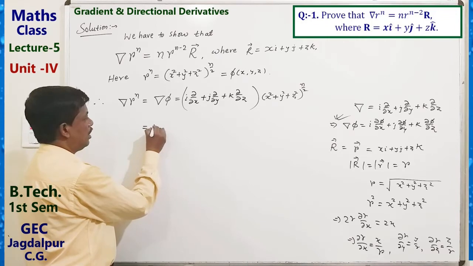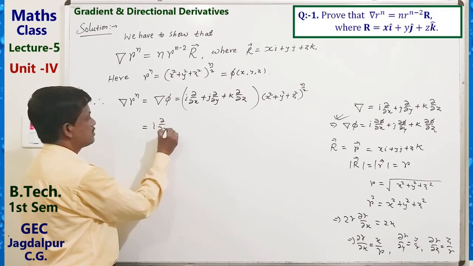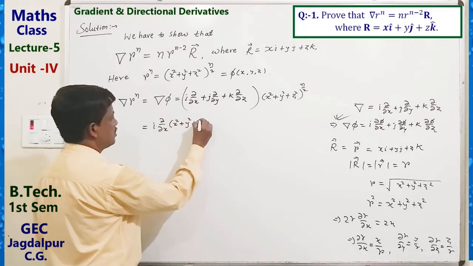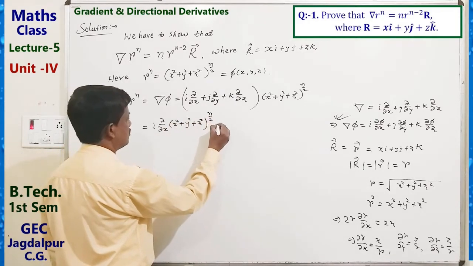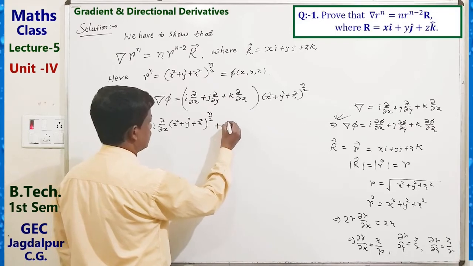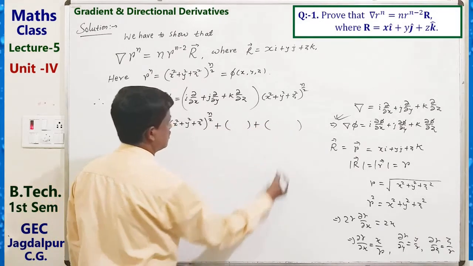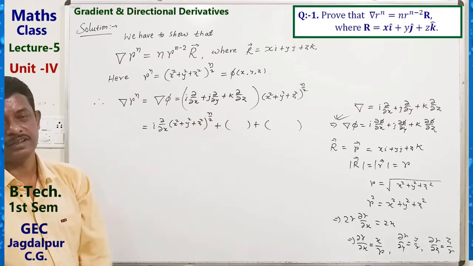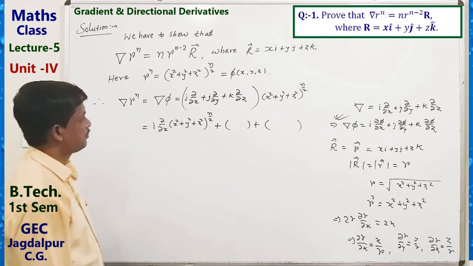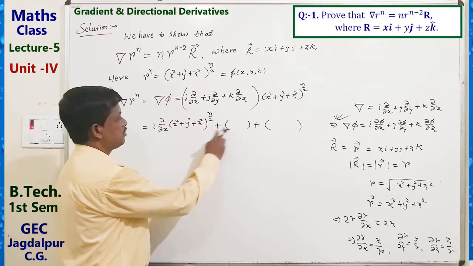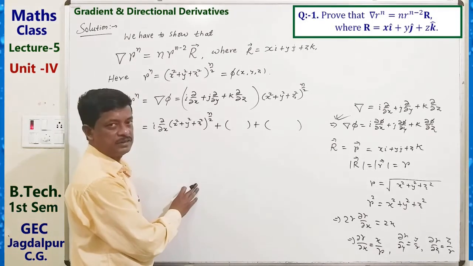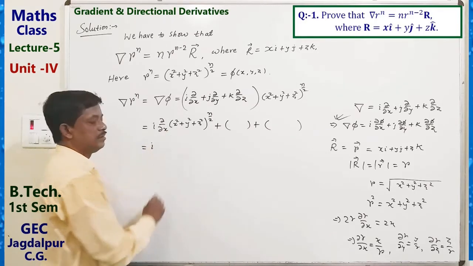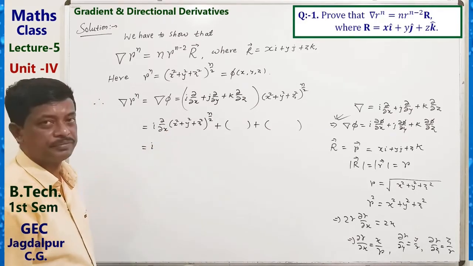Equals i del by del x of x square plus y square plus z square to the power n by 2, plus this and this, with i, with j, with k. So the same thing with respect to x, with respect to y, with respect to z. We can write i times what will be the value of this?